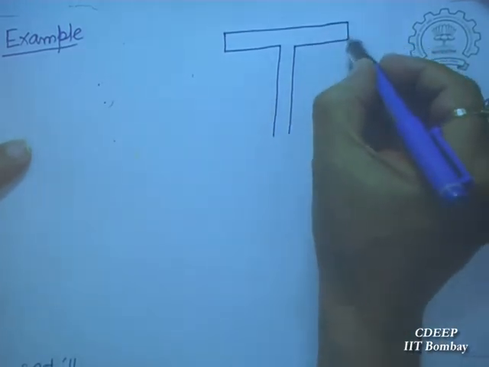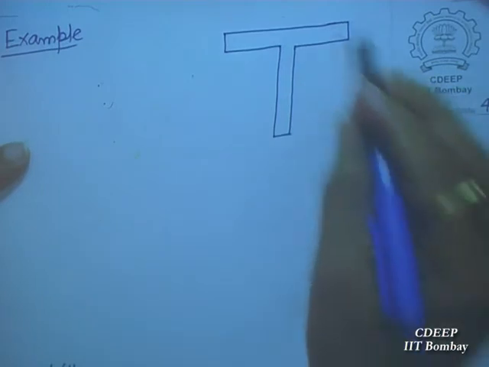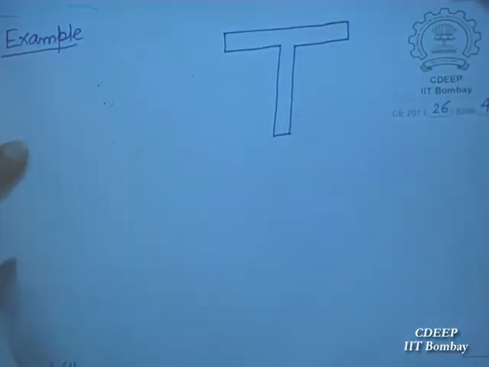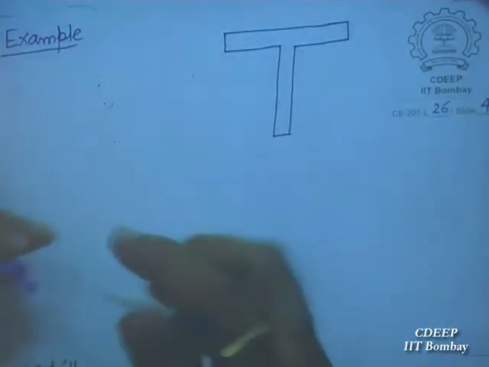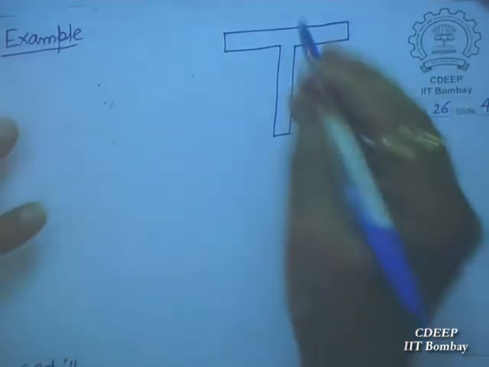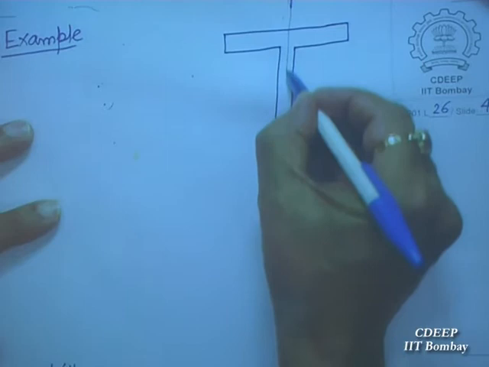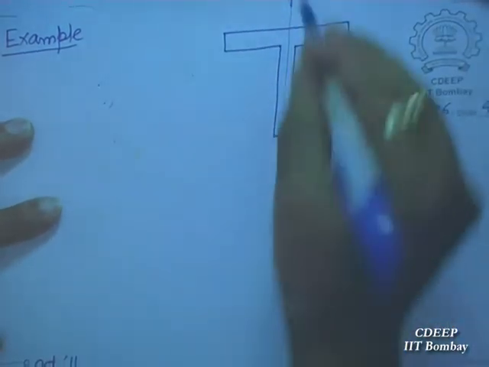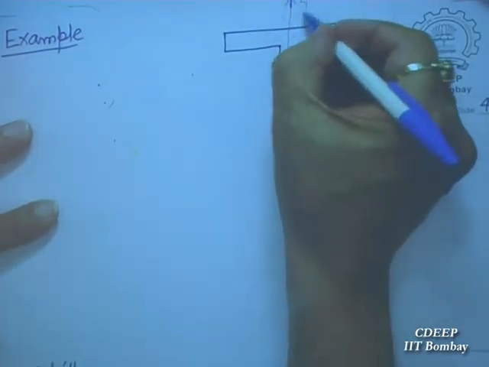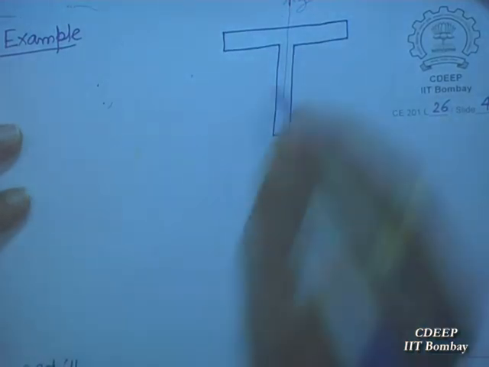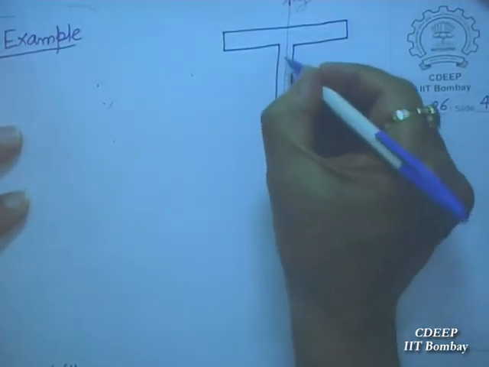So it applies to this also. Whatever we have developed applies to any cross section which can be divided into two halves like this, vertical. The only thing, its centroid will be somewhere here, G.